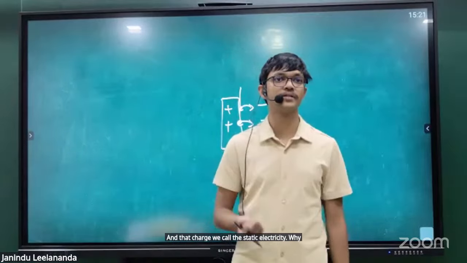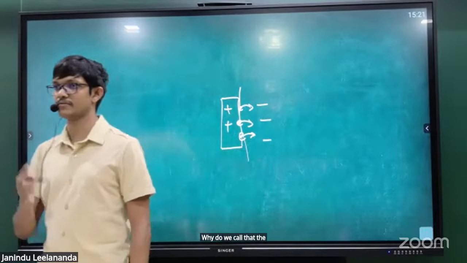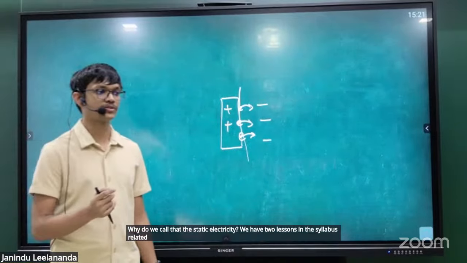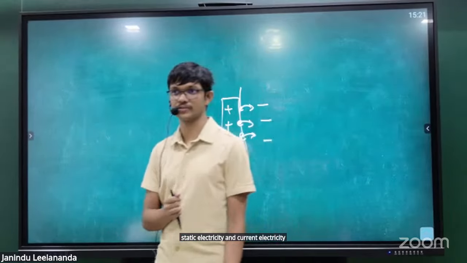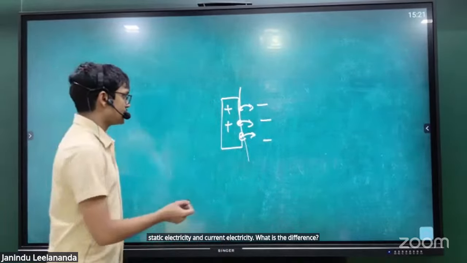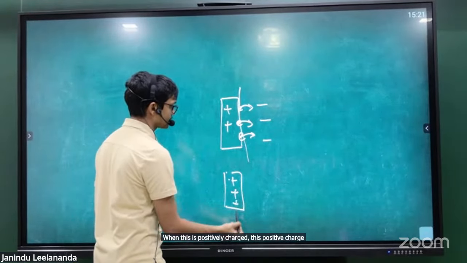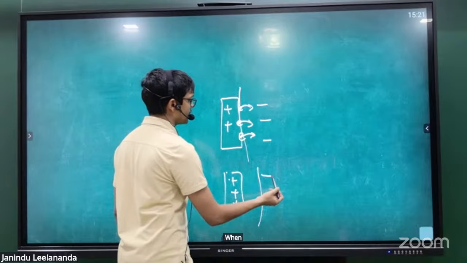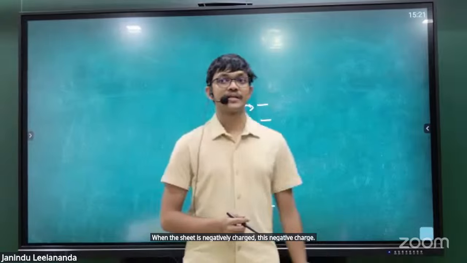Why do we call that static electricity? We have two lessons in the syllabus related to charge: static electricity and current electricity. What is the difference? When this is positively charged, this positive charge stays there. When the sheet is negatively charged, this negative charge stays in the sheet.